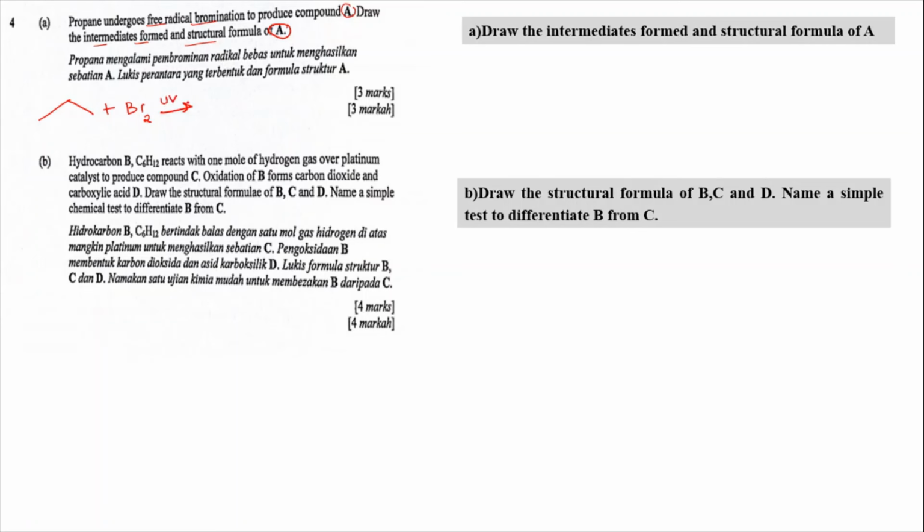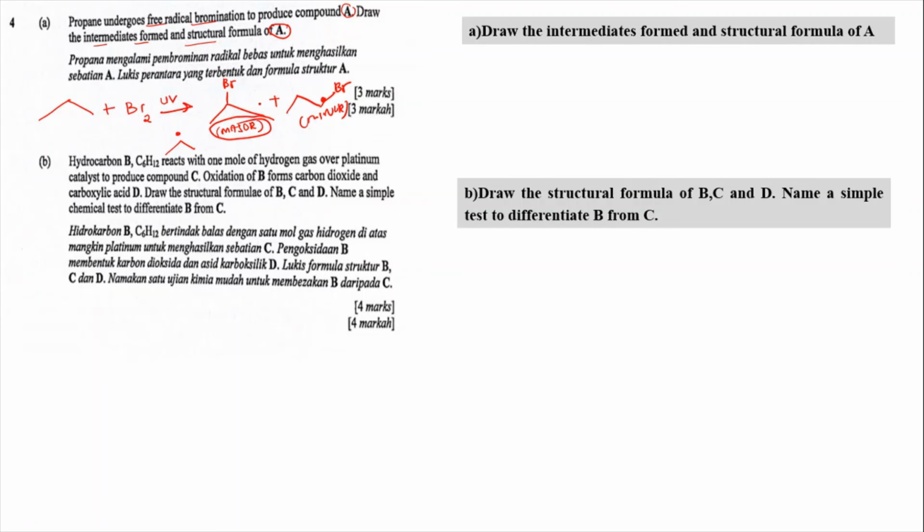So here it's going to produce a major and minor product. The major product is going to be at this part here, because it's going to become a more stable intermediate, which is like this. So this one is going to be the major product, and this is going to be the minor product. But for this question we only focus on the major product, because the major product is going to be the dominant product.